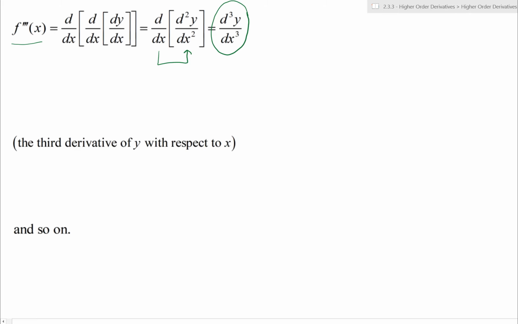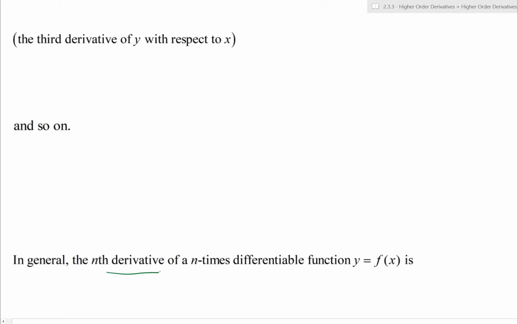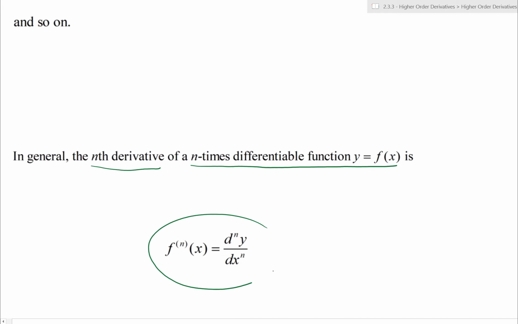And you can imagine keep doing this and so on and so on. And so in general, the nth derivative here of an n times differentiable function y is equal to f of x is this notation right here. So we already saw this notation a moment ago. That's the nth derivative of the function f with respect to x, or equivalently, we can write it in Leibniz notation like so.